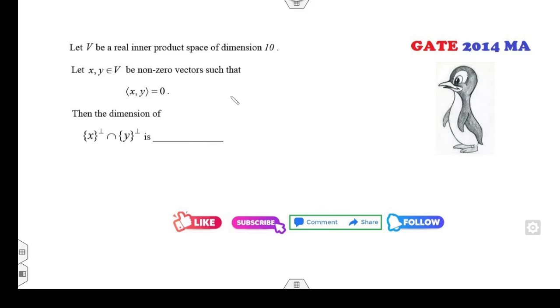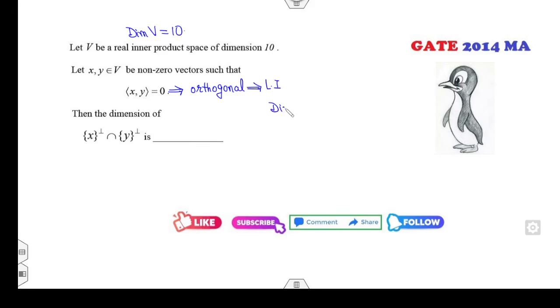Okay, look at this another one. V is the inner product space with dimension 10. What is the meaning of that? That means X and Y are orthogonal.